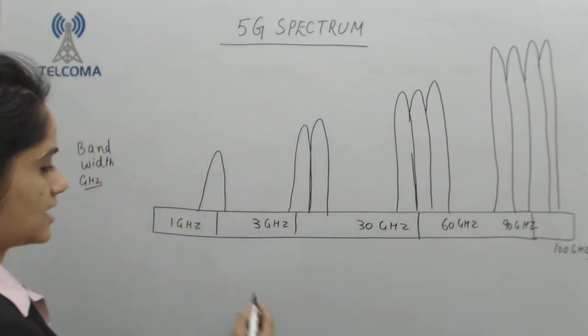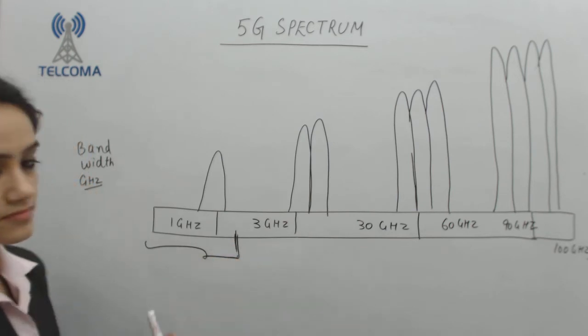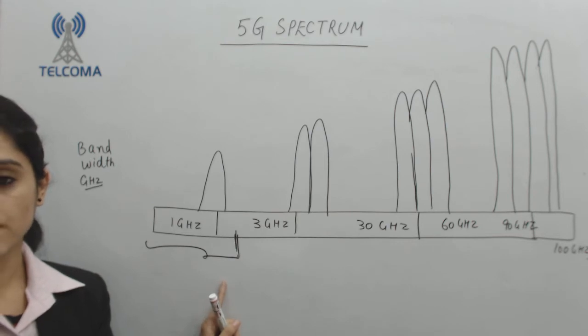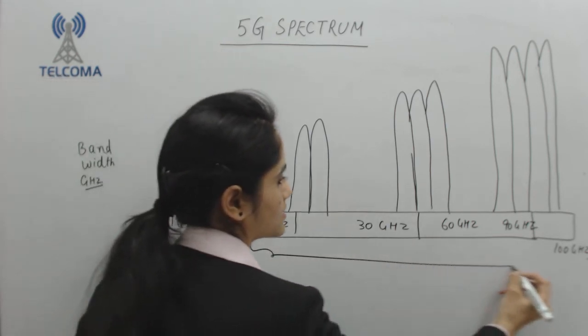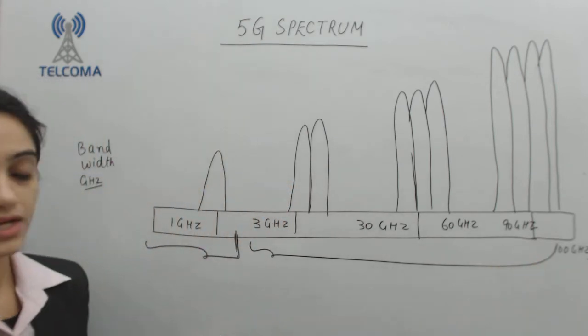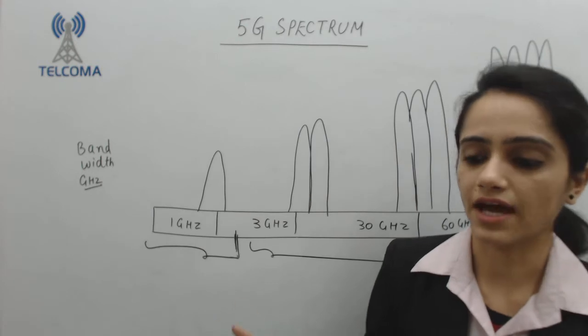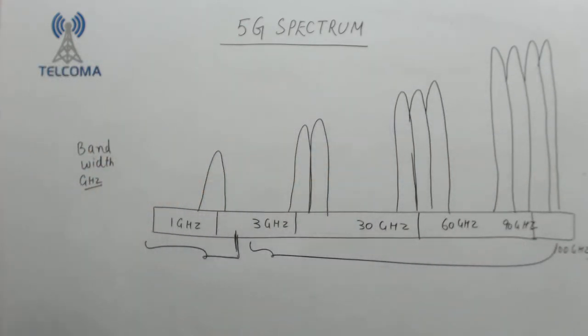Now from 1 gigahertz, this spectrum is within a range, and also we have from this to this much. Spectrums are divided into licensed and unlicensed.